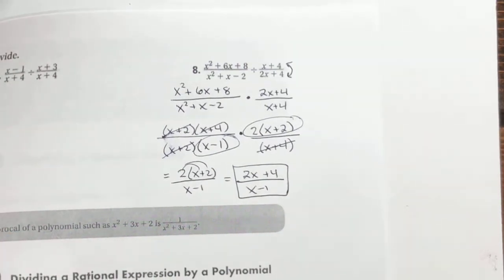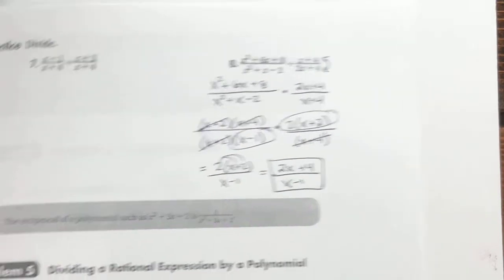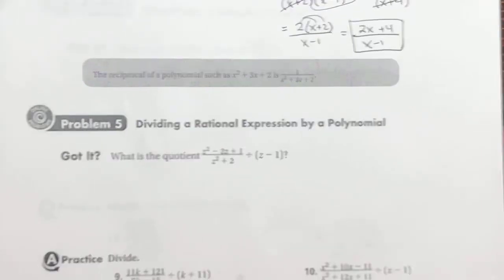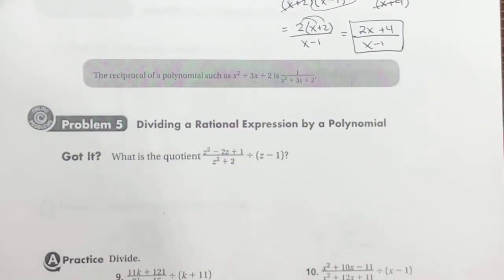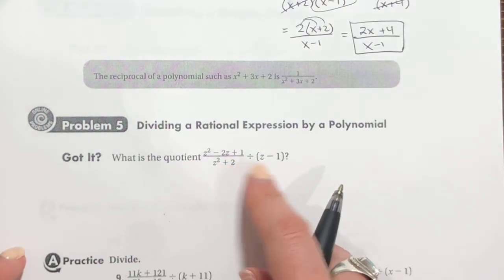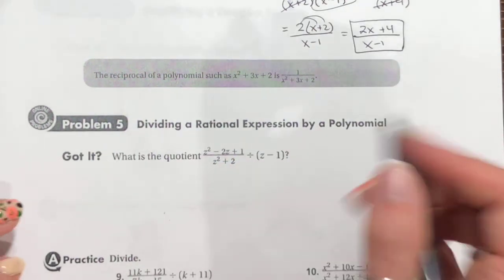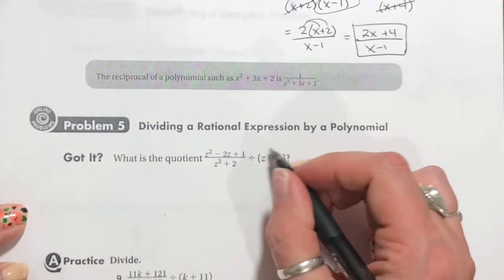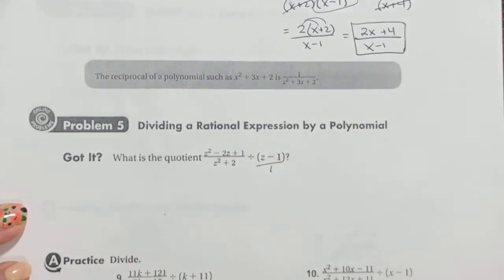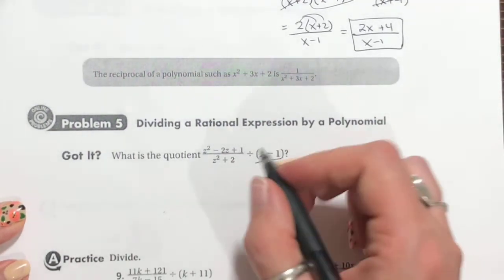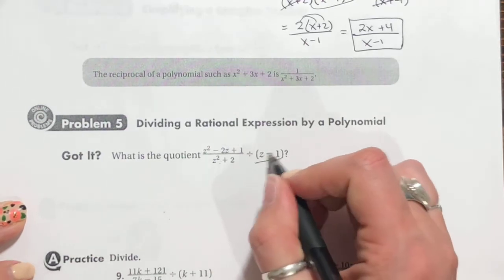This video is getting long already, so let's just do one of these sections. It's kind of like the multiplying section where you had a polynomial. You're going to do the same thing by putting a 1 under this in order to make it a fraction. And once you have the fraction, you can do keep, switch, flip.